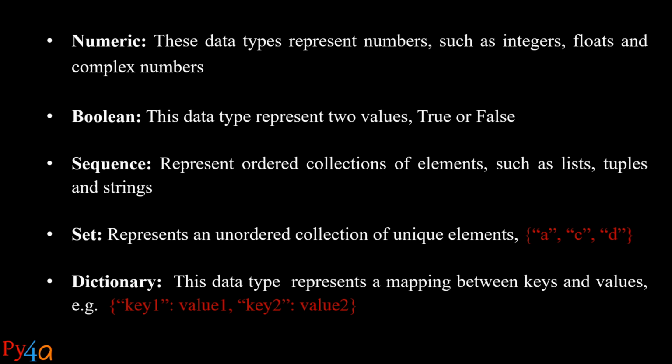But the difference between the dictionary and the set is that the dictionary contains a mapping of keys to values. In other words, every item of a dictionary is a key-value pair, while in the set it is simply an unordered collection of items.